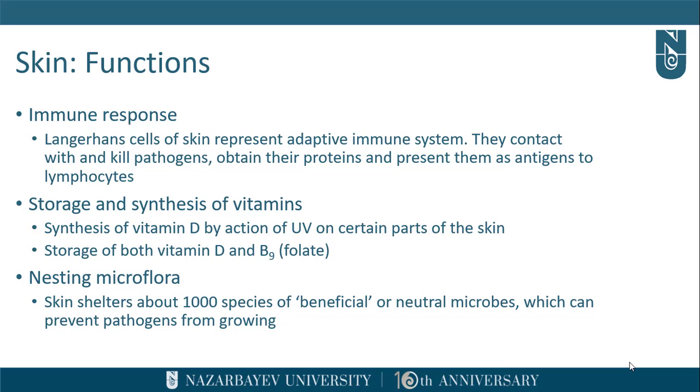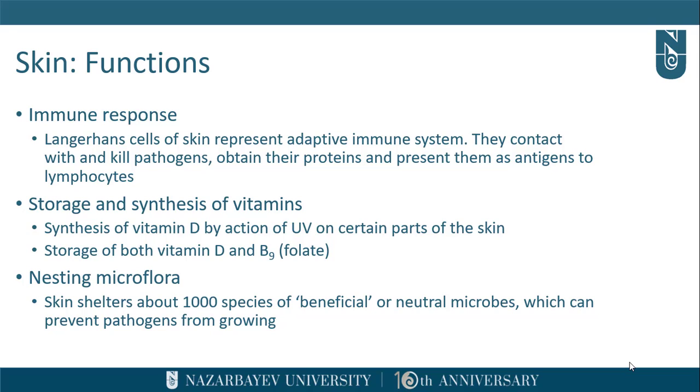Another key function of skin is immune response, because we are always exposed to damages from the environment, and there can also be pathogenic microorganisms invading our skin. So our skin is already adapted to withstand those damages in a way that it has Langerhans cells.